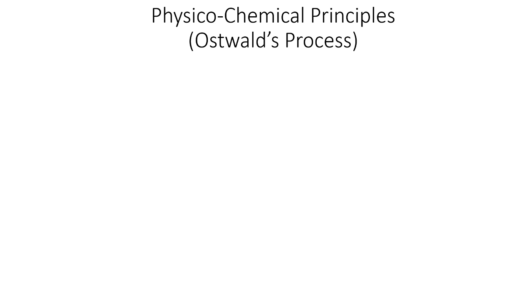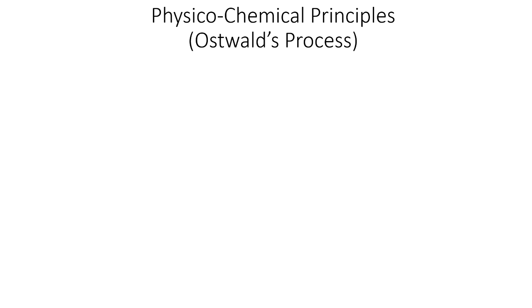And as we know, the manufacture of nitric acid is carried out in three steps. That is, first step is oxidation of ammonia to nitric oxide, then oxidation of NO to NO2, and absorption of NO2 in water to form nitric acid.